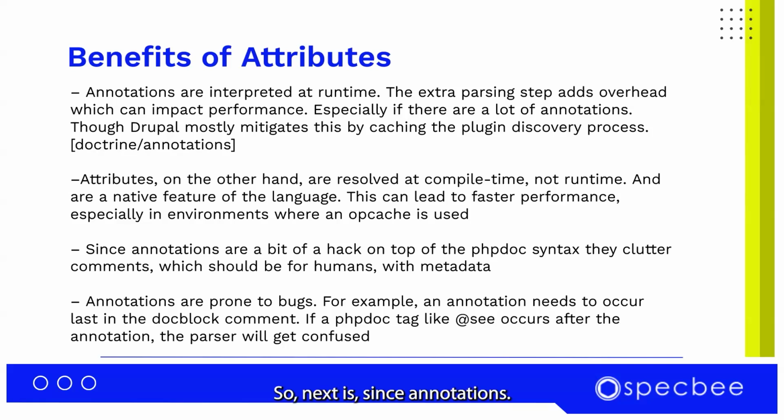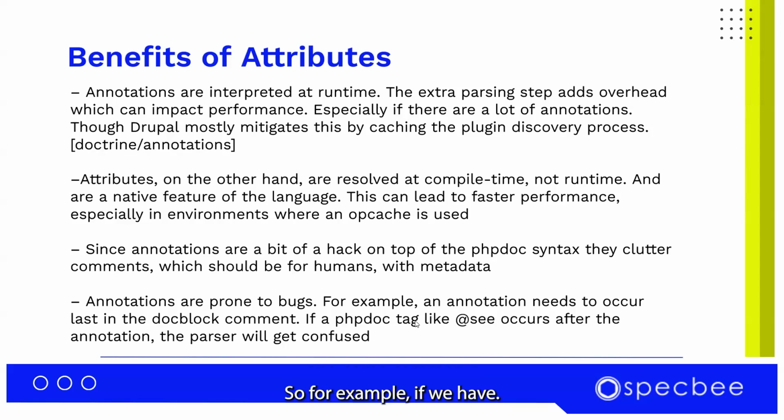Okay, so next: since annotations are a bit of an add-on on top of PHP doc, an annotation can be defined just right after your doc block comment, right? That can be confusing when we have additional @ symbols and some comments along with your annotations.